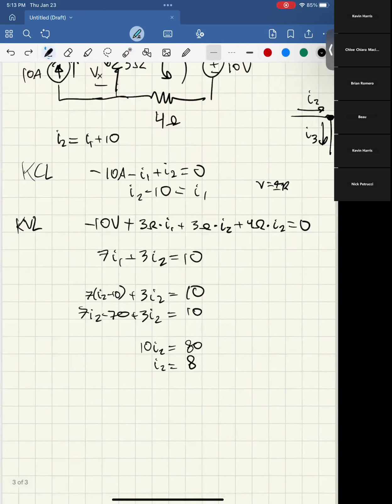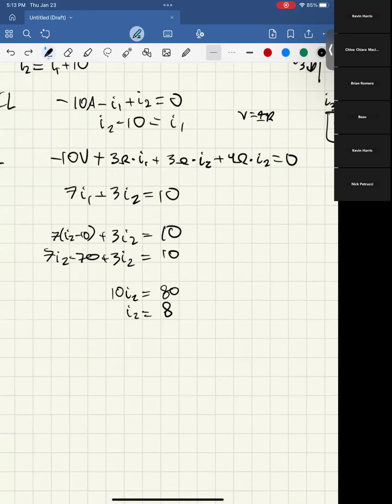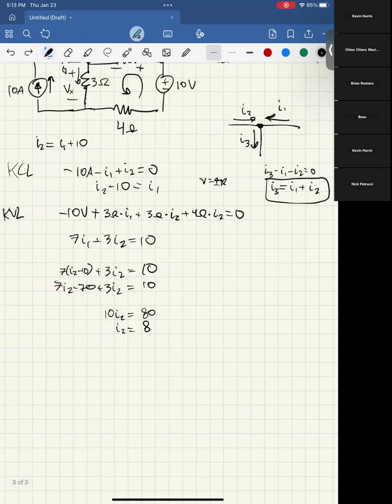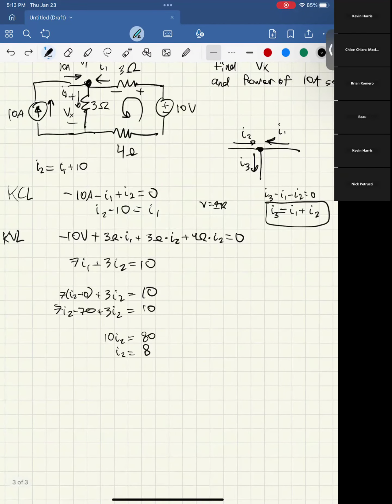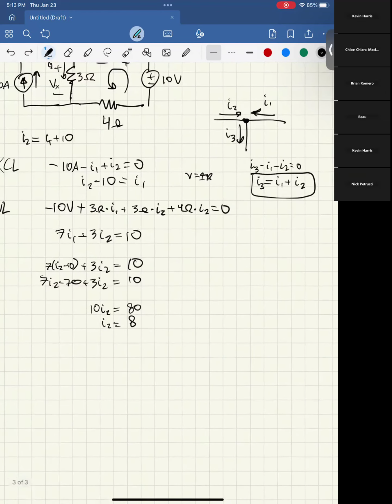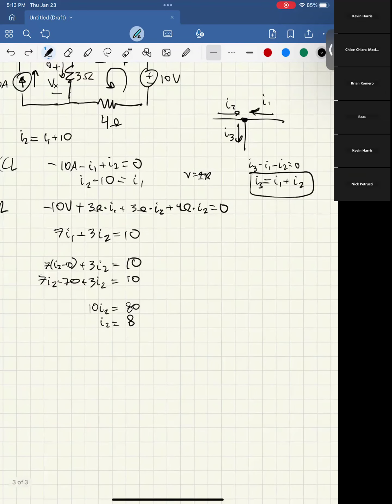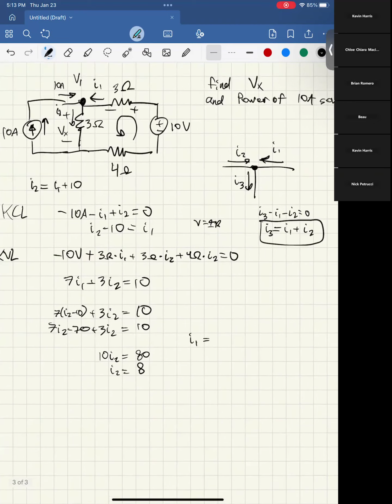Yeah. So now we found I2. We could find I1, but it's actually not really necessary for this question. I'll do it anyway. So I2 minus 10 equals I1. So I1 equals, funnily enough, negative 2 amps.